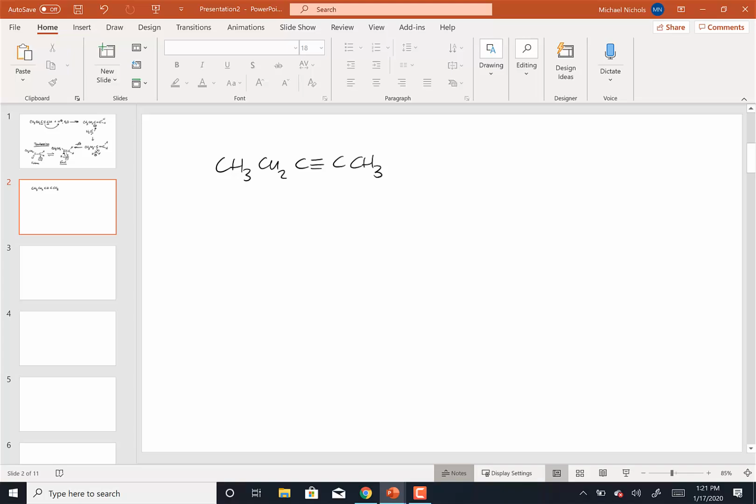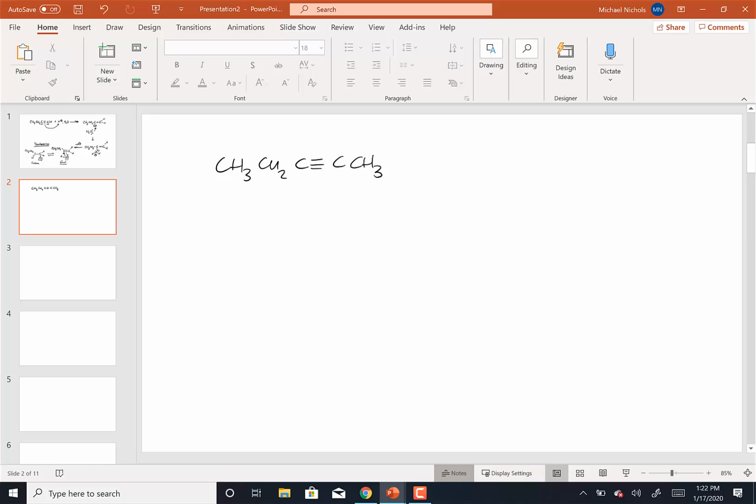If this is a symmetrical alkyne, then it doesn't matter where you add the H and the OH, because when it tautomerizes, you're going to end up with the same product. But if it's asymmetric, meaning there's a methyl group on one side and an ethyl group on the other, what's going to happen? And what's going to happen is that there is no Markovnikov addition, so I need to add the H and the OH to each carbon.